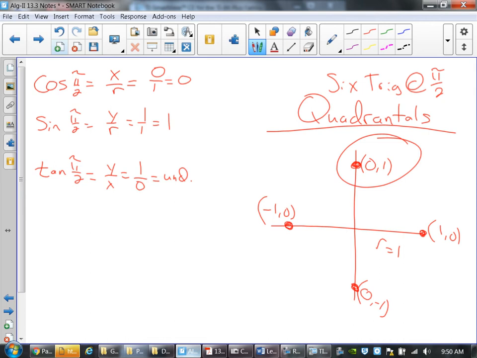Think about the reciprocals. If I flip my reciprocal at cosine, I get 1 over 0. What's the reciprocal of 0? Undefined. So that means secant is undefined.